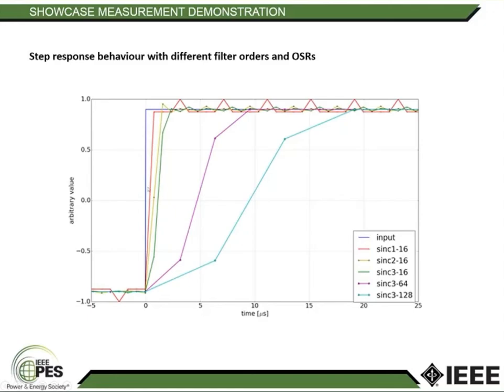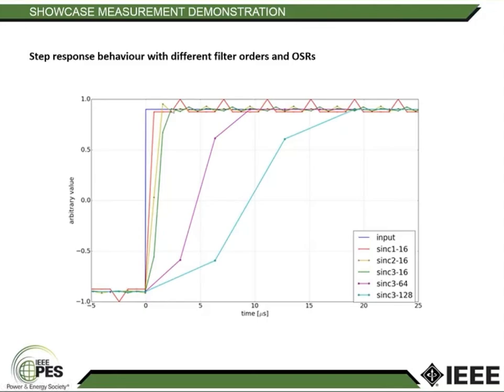Now, what you can see is because we increased the filter order, the response time goes up a little bit when we go higher in the filter order, while the sinc 1 actually shows us the rising edge after, well, maybe 1.5 microseconds or something. The sinc 2 already needs 2 microseconds, and the sinc 3 already 2.5 microseconds.